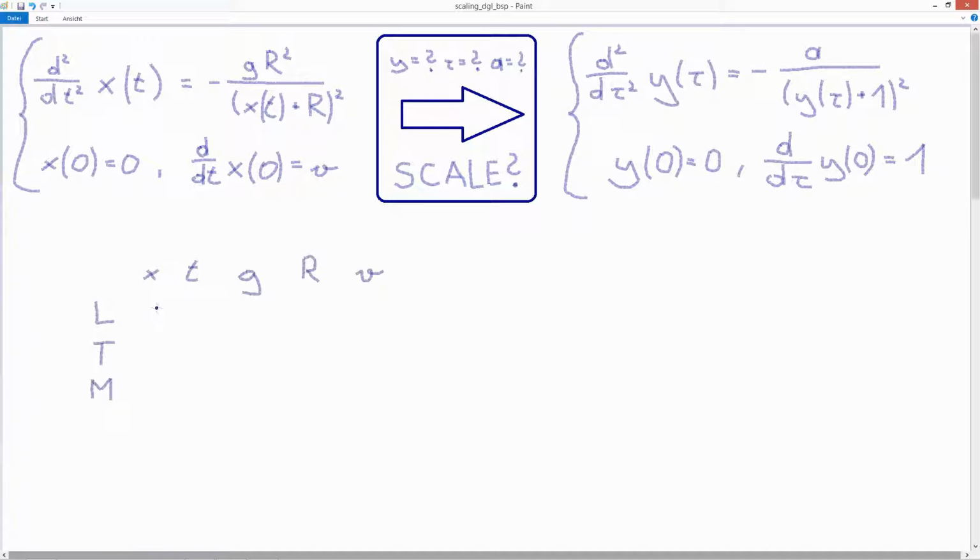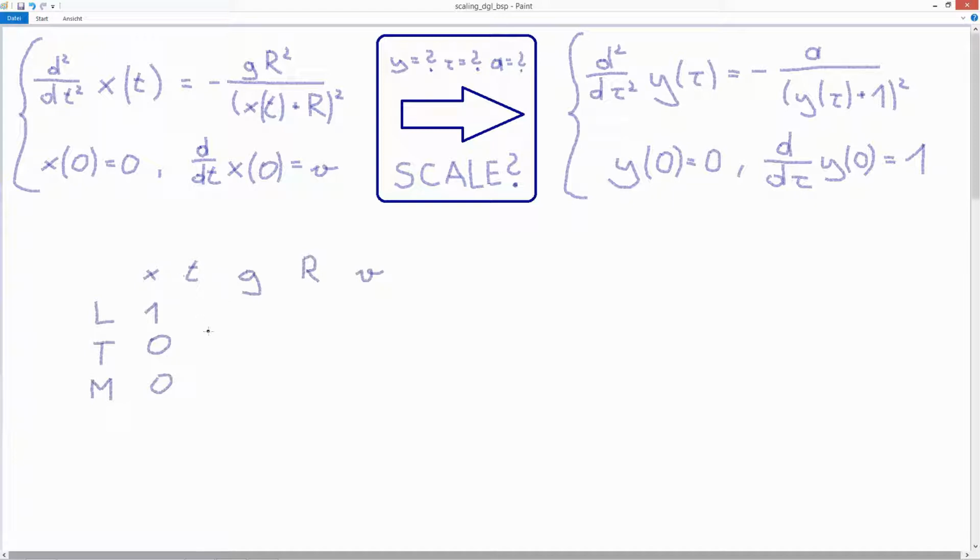And here we have to write the dimensions. So x is a position, so we have 1 times length, 0 time, 0 mass.